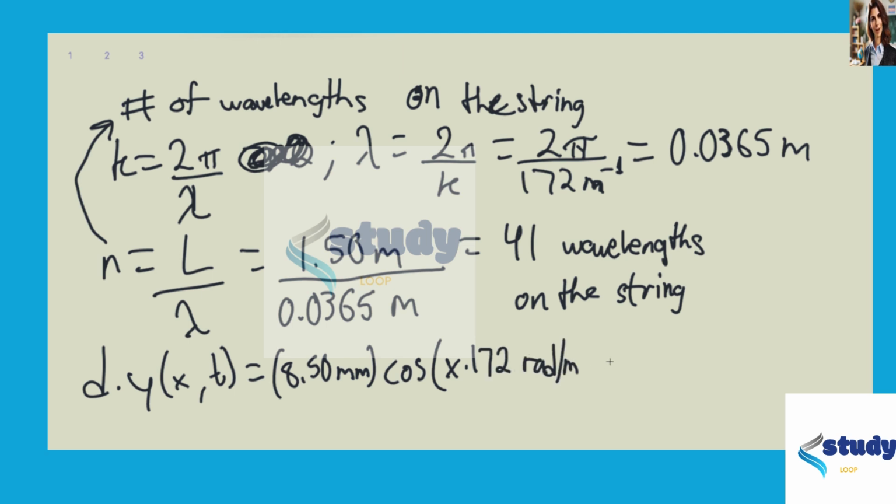It would simply be the same equation, and then instead of saying minus, it would be plus. So that is what differentiates: waves traveling up the string would be minus, and waves traveling down the string would be plus. So this would be times t, 4,380 radians per second. That would be your answer for D.